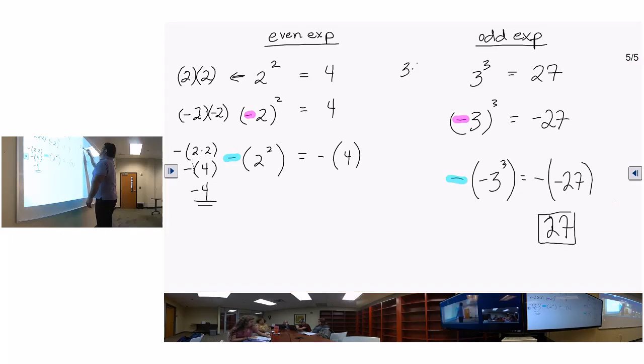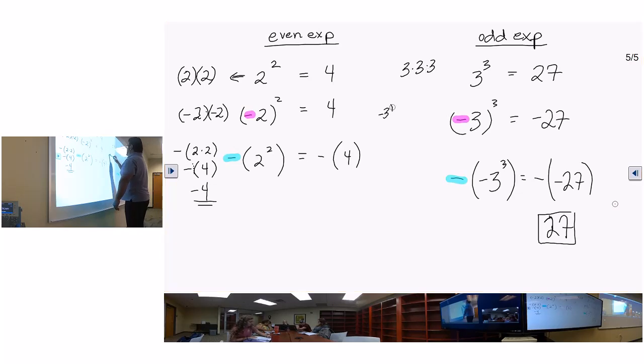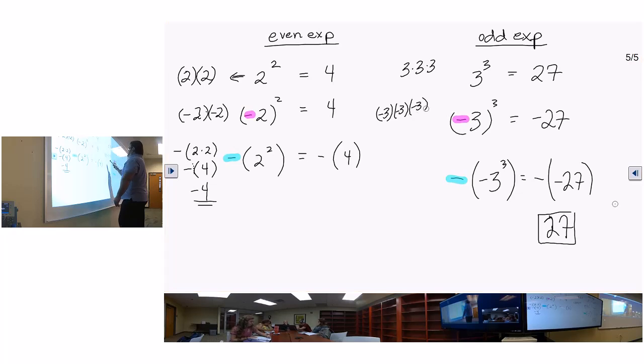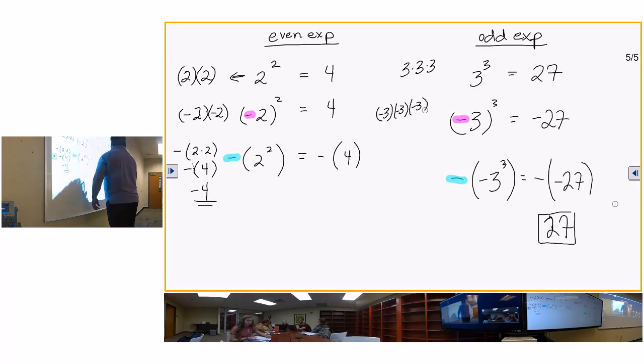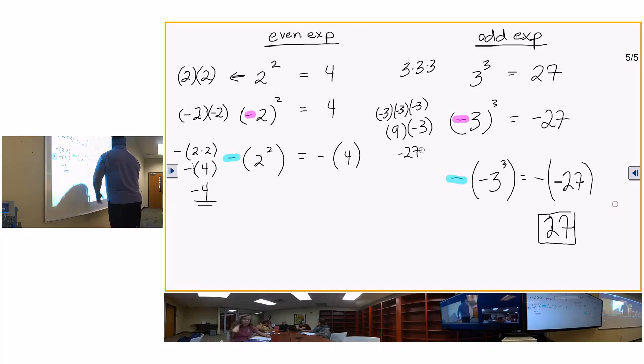Over here, 3 times 3 times 3. That's equal to positive 27. Negative 3 times negative 3 times negative 3. Well, what's negative 3 times negative 3? Positive 9. What's positive 9 times negative 3? So that extra one, what's extra after 4? 5.